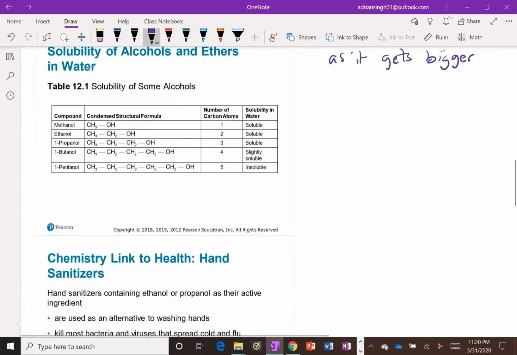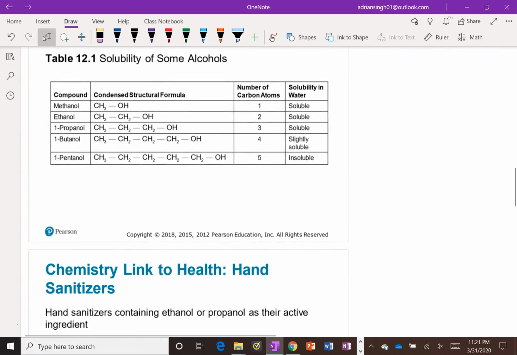We can actually see that here with a couple examples. We have these first three relatively small alcohols, methanol, ethanol, and 1-propanol. They're very water soluble. As we come up to a 4-carbon alcohol like 1-butanol, it becomes slightly soluble, and then 5 carbons and above, so 1-pentanol and above, it's insoluble in water because we're increasing the nonpolar nature of the molecule.